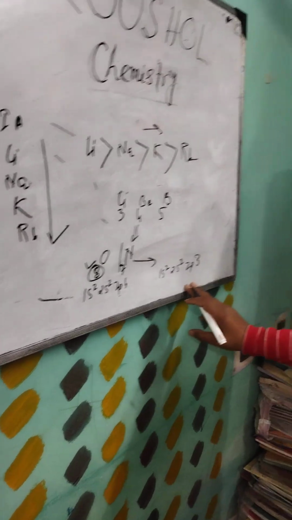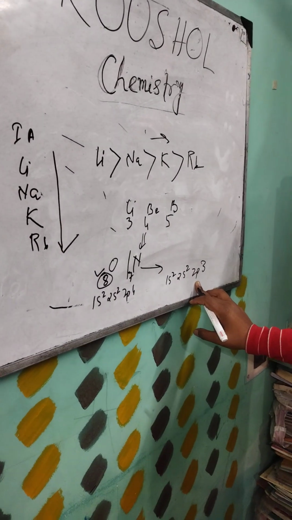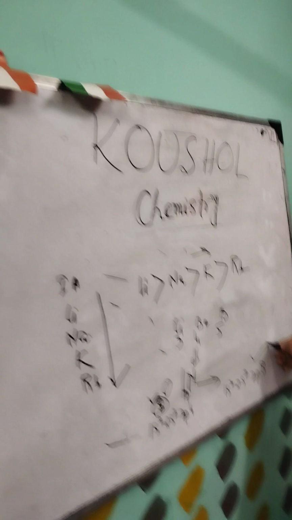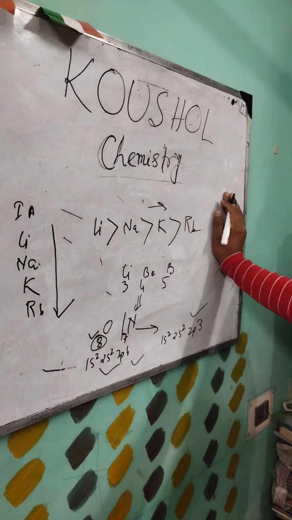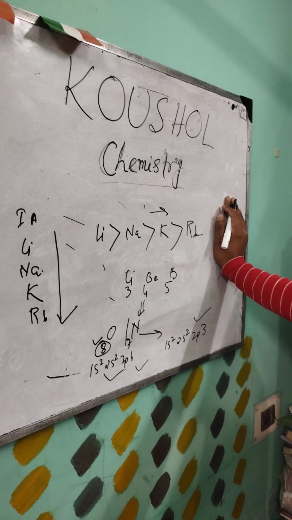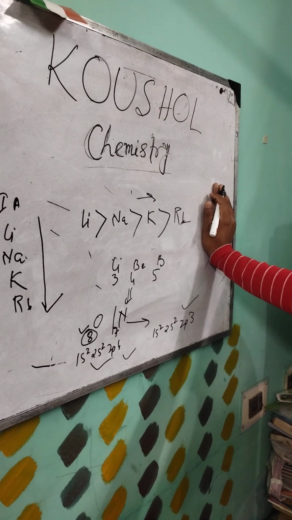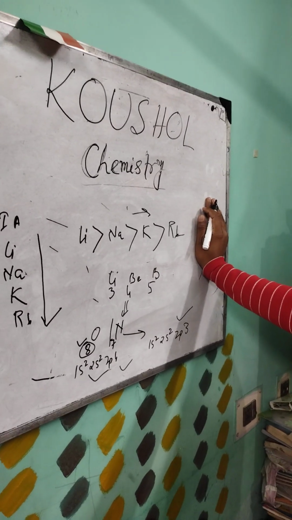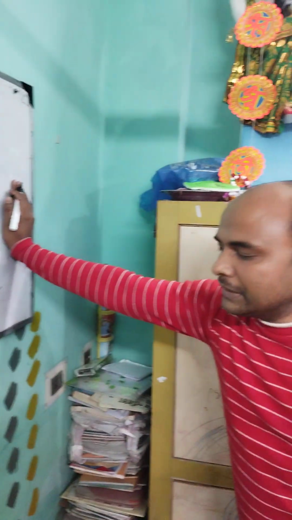So in the nitrogen atom the 2p subshell is half filled. A half-filled atomic orbital is more stable than one that is neither half-filled nor fully filled, so more energy is required to remove a valence electron from nitrogen. So the ionization energy of nitrogen is always greater than that of oxygen. That is the exception, and this exception question is always asked in your coming examination.